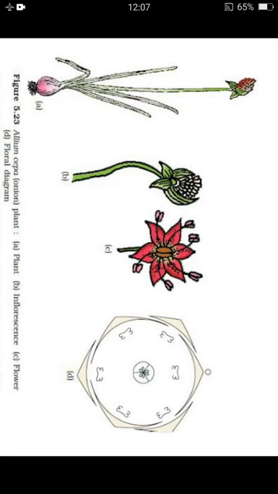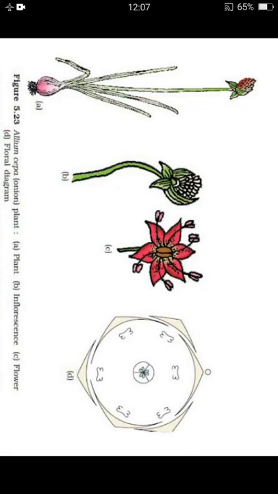Now I am going to explain another important floral characteristic: the androecium. The androecium consists of stamens. How many? 6 in number, 3 plus 3, and those are epipetalous. Last time we had a discussion.